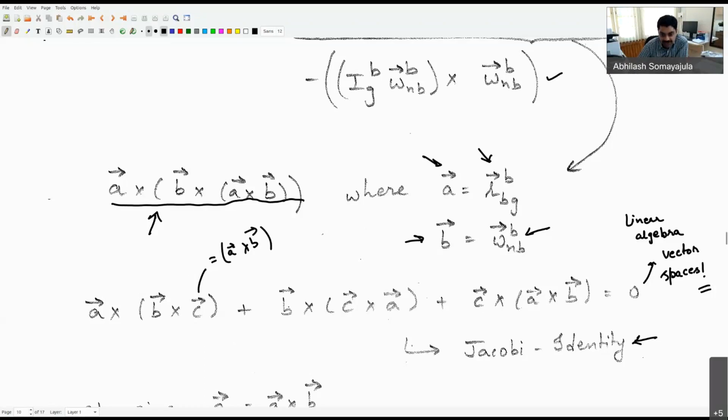Okay, so the only thing which will be left is here. The first term, which I had in the beginning, will be equal to minus B cross A cross B cross A. I'm substituting C equal to A cross B and taking it to the other side.